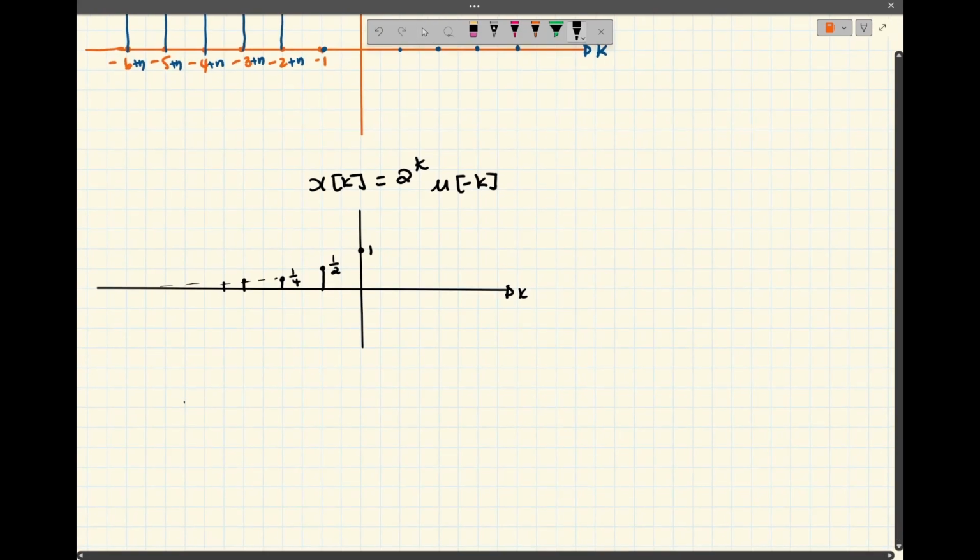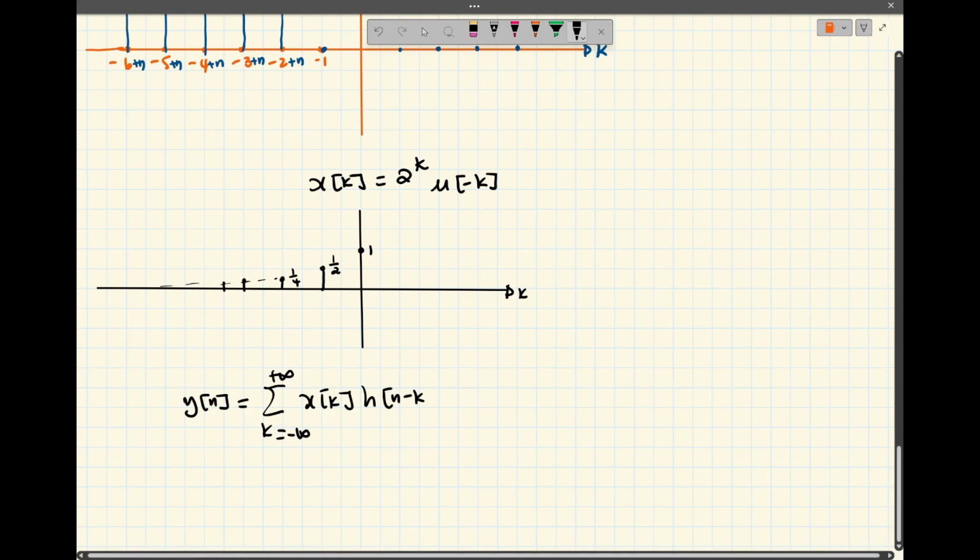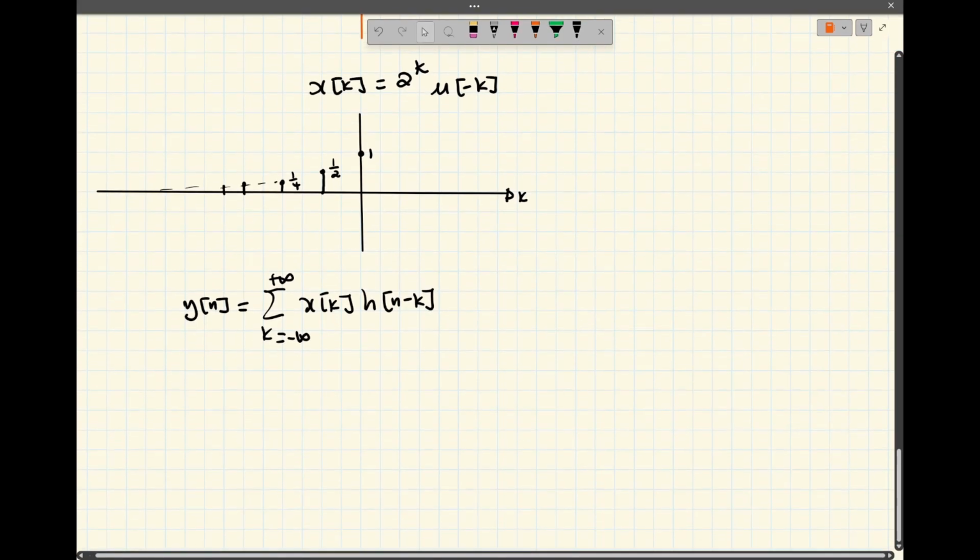Now we want to compute y of n, which is the sum over k from minus infinity to plus infinity of x of k, h of n minus k.